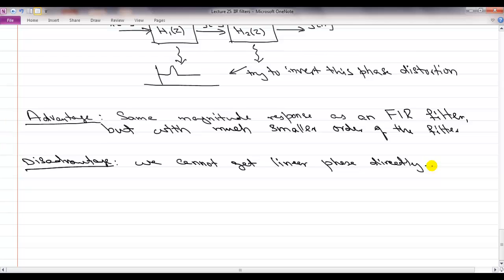If you count the total cost, then the savings in order are not that huge. You may be able to save a few, 5 or 10 or 15, but it's not that huge a saving. So really the message is, if you want linear phase, stick with FIR filters, unless you absolutely have to go to IIR for some reason.